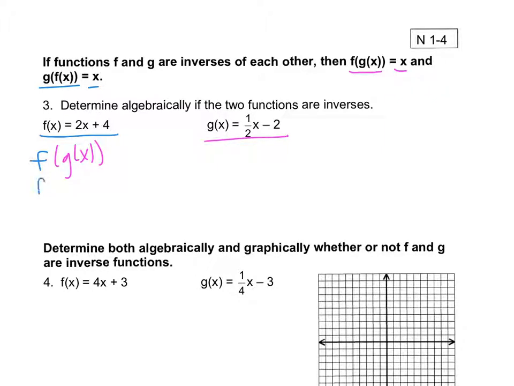So I'm going to rewrite this as f of g of x, which is 1/2 x minus 2. So I'm going to input that into x for function f. So I'm going to have 2 times, in place of x, we're putting 1/2 x minus 2. And then notice we have the plus 4.